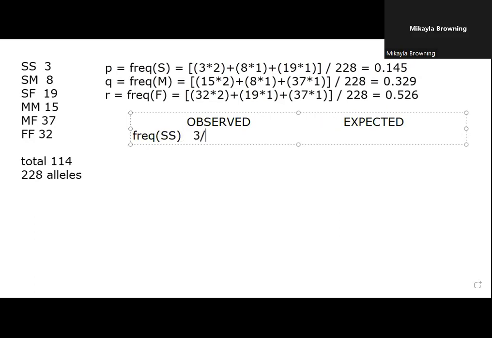It's 3 out of 114. We've got 114 Daphnia, and 3 of them have the SS genotype. Our expected is going to be p squared, and that's equal to 0.145 times 0.145.